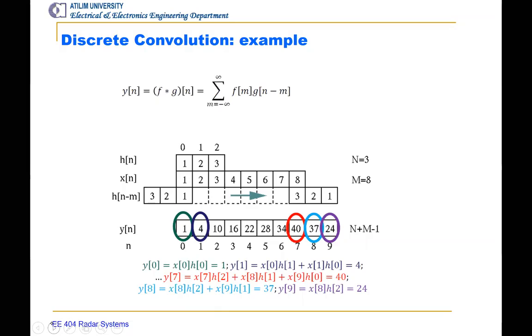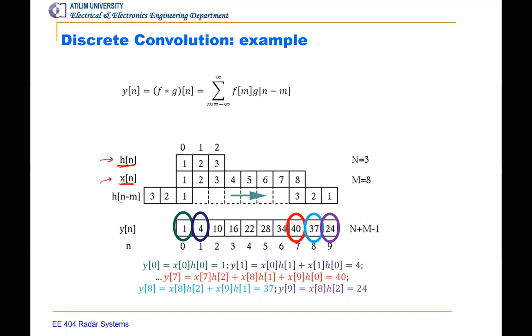As an example, you may refer to the courses on communication systems and signals and systems, where you can see the details of convolution in either discrete or continuous form, so in summation or integration. Here we are given a sequence, h(n). This is the impulse response of the filter, and we have an input signal, x(n).